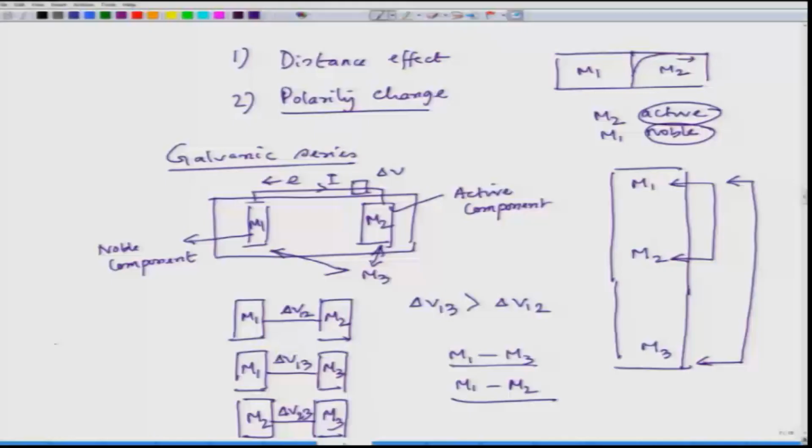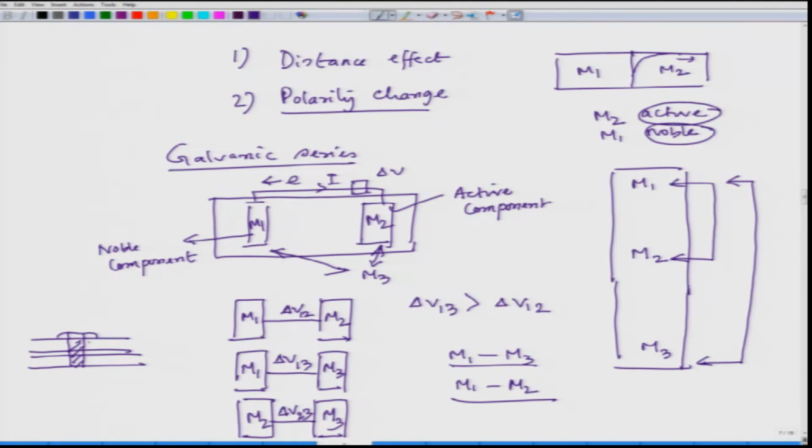For example, if I have a metal joint, this plate and another plate, these two plates are joined, or I would say fastened, by a bolt, nuts and bolts. This is a bolt and this becomes my nut.